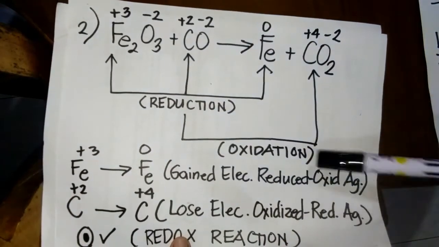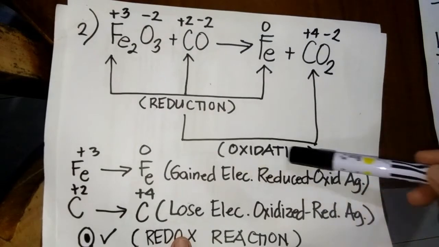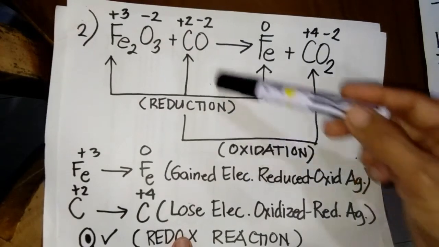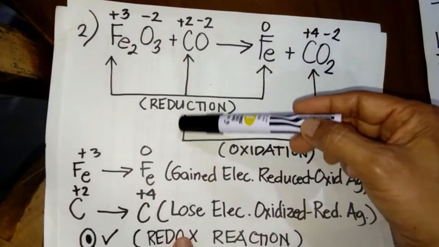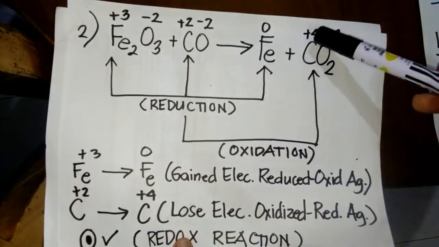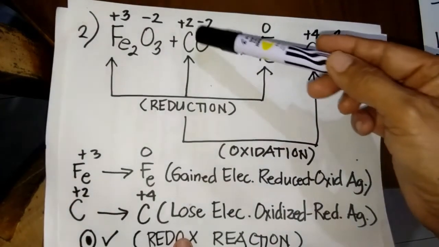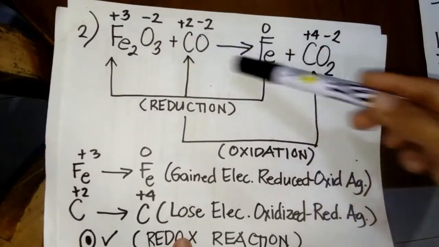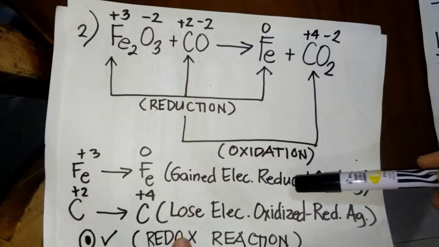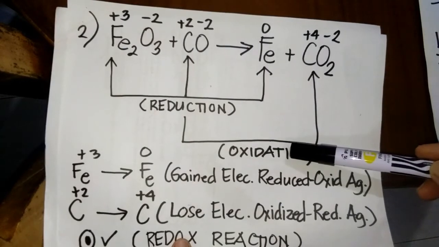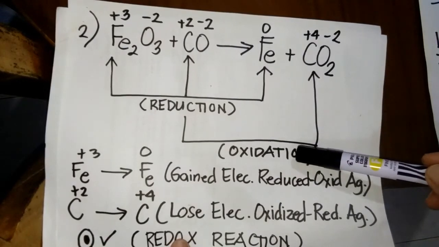The reducing agent should be the one that is oxidized. So from positive 2, we have the carbon, and another carbon in the product side becomes positive 4. So it becomes more positive from positive 2 to positive 4. So it is called oxidation, like what I said earlier in the rules.